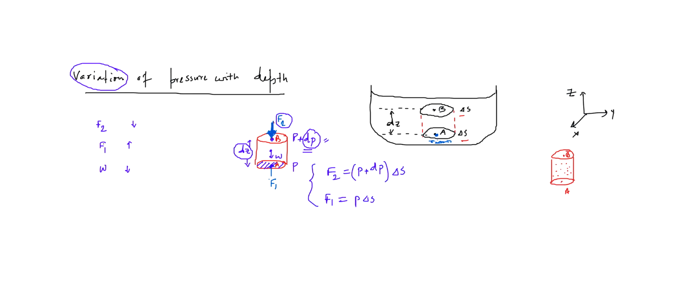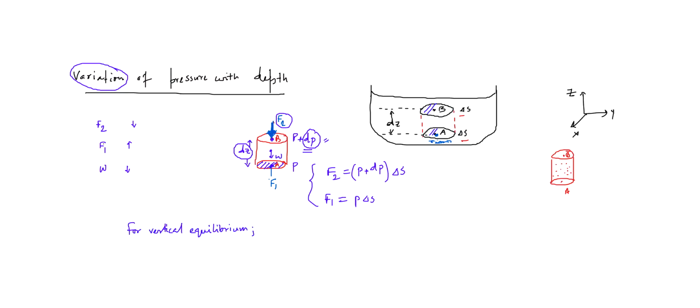So if there is vertical equilibrium, meaning this cylinder or this volume within this surface and this surface does not move vertically, it does not go down and does not go up, then for this vertical equilibrium, the sum of all the vertical forces should be 0.